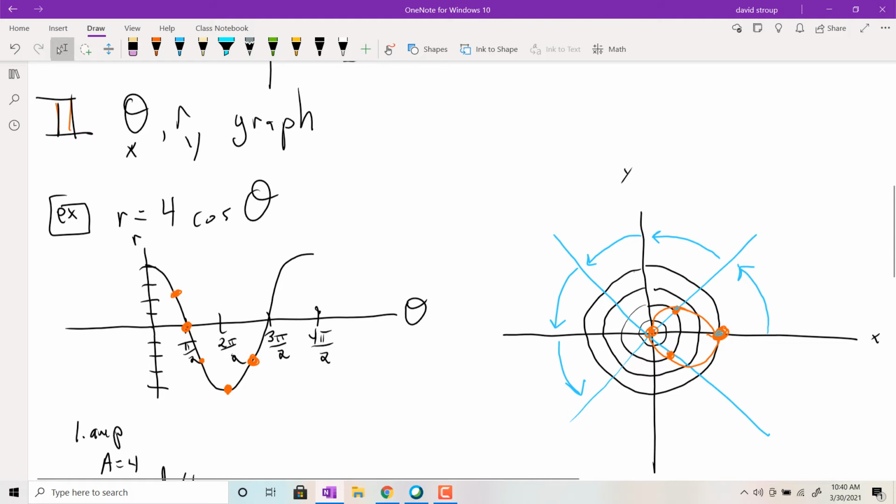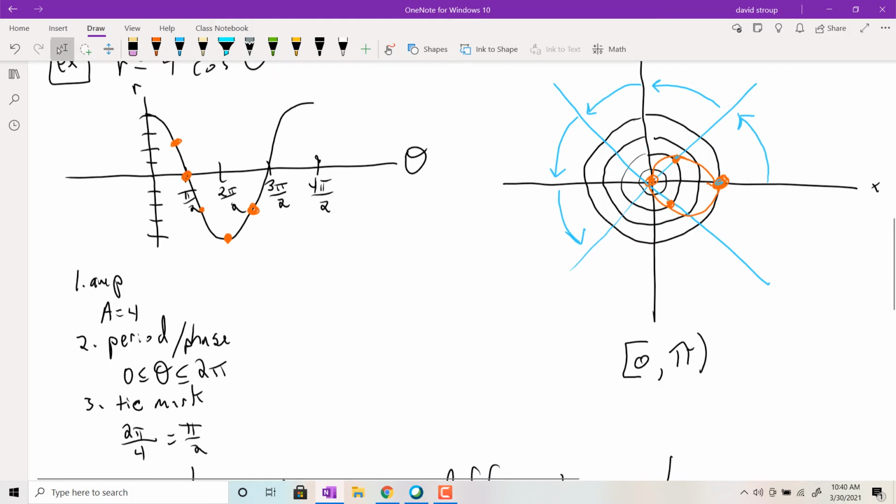Okay. The next set of graphs we have are called cardioids, and they look like little hearts. Cardio, as in cardioid. They're in the book.